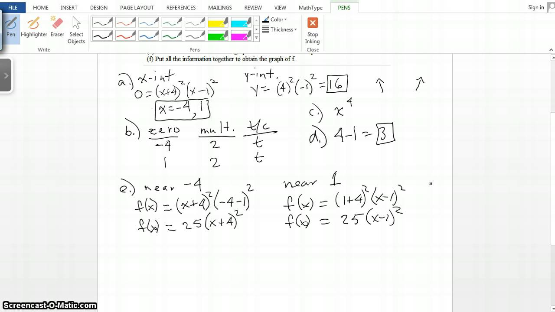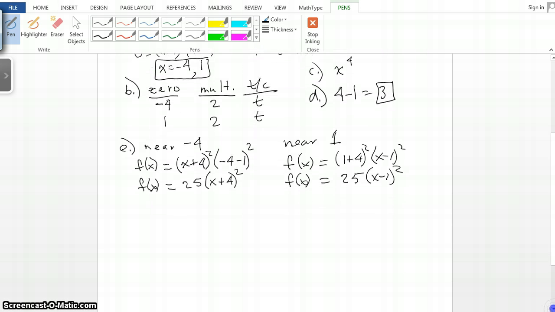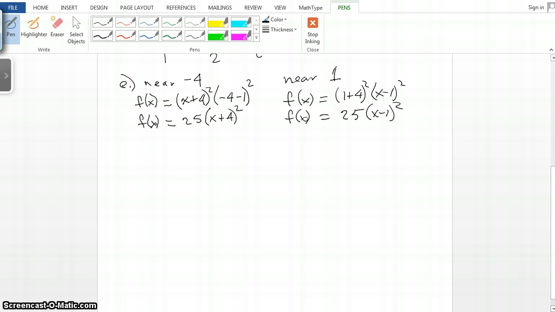That's E. F says, let's put all the information together to graph it. So let's use everything that we found up here to put this together to graph it. And I'm also going to plot some other points too. You'll see with the points that I plot, I'm going to have to change the scale up here.